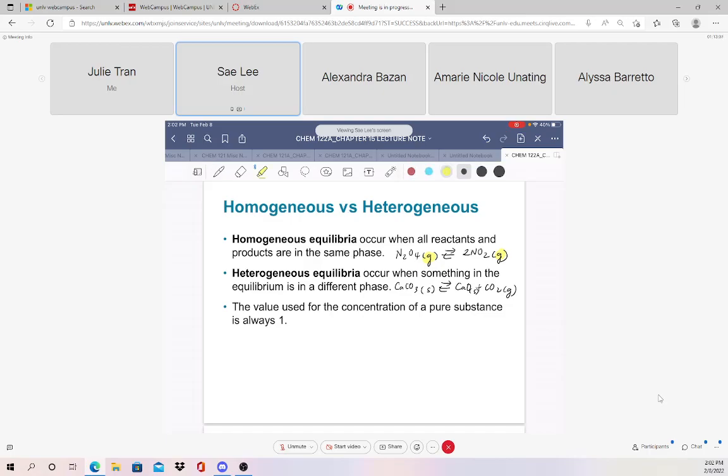You have two substances in solid state and one substance in gas state. So when the substances within the reaction are in different phases, we call this heterogeneous equilibria.